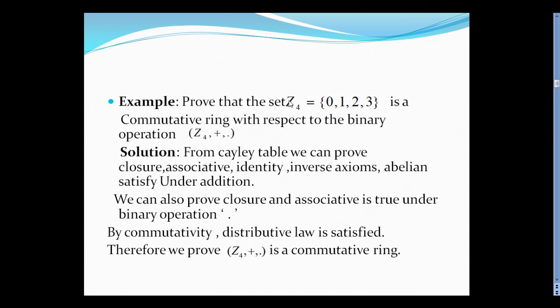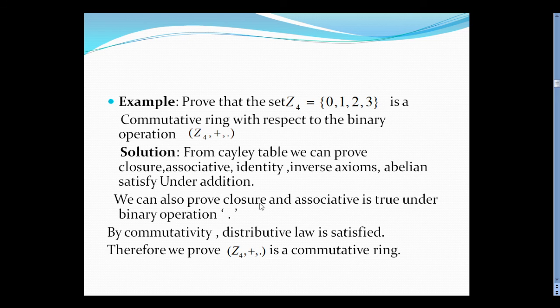Example: prove that the set Z4 equal to {0, 1, 2, 3} is a commutative ring with respect to the binary operations, Z4 under addition and product. So first of all, whenever any set is given, you can form the Cayley table. For addition, one table, and for dot product, we can form another Cayley table. And you can check whether closure, associative, identity, inverse and abelian are satisfied under addition.